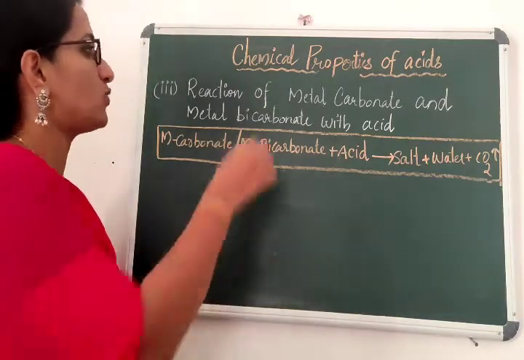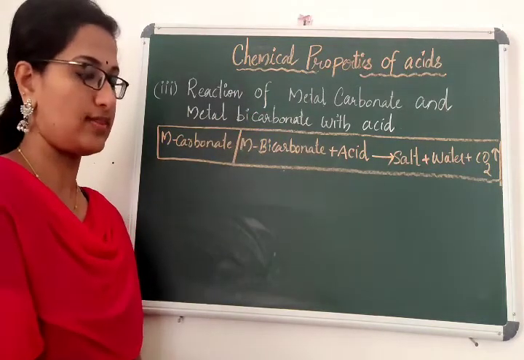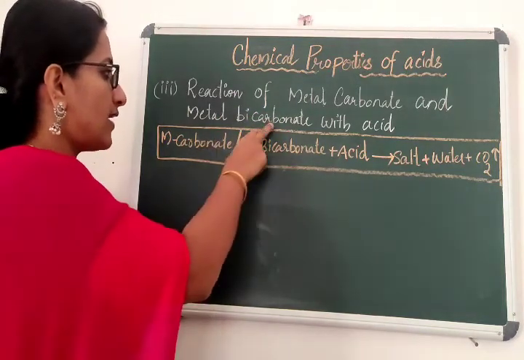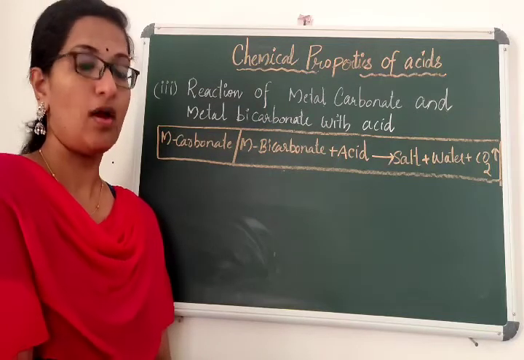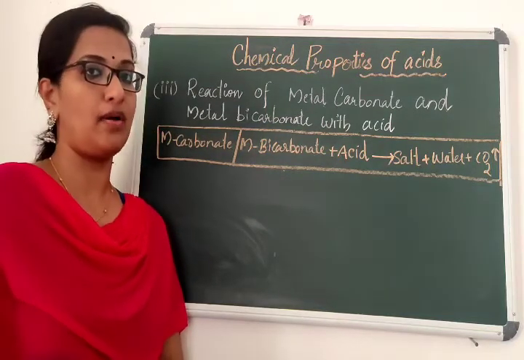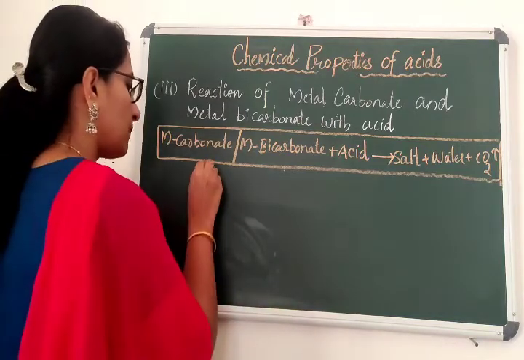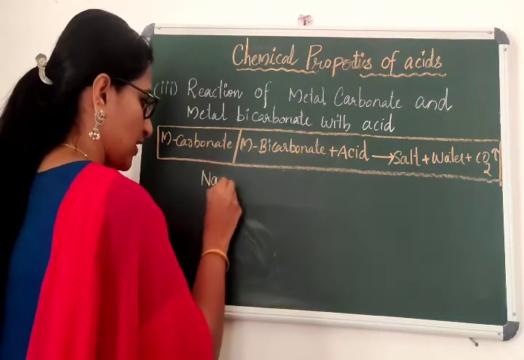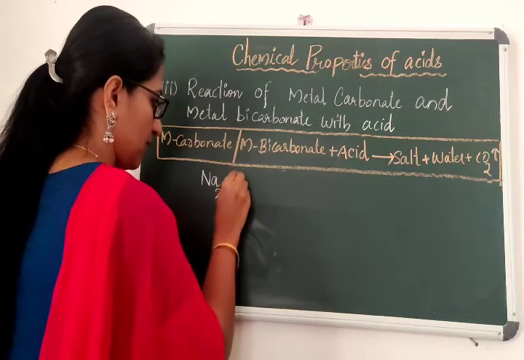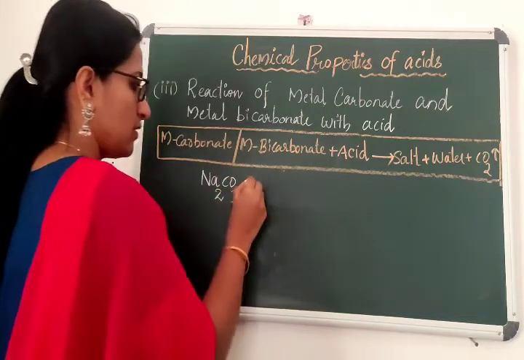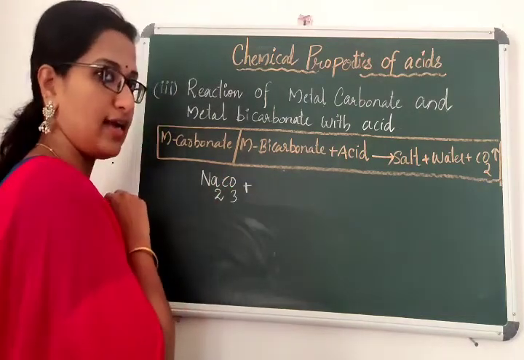So what happens when a dilute acid reacts with a metal carbonate and a metal bicarbonate? If you take any example of a metal carbonate, suppose here we can take sodium carbonate. It is a metal carbonate salt, Na2CO3. It reacts with any dilute acid.